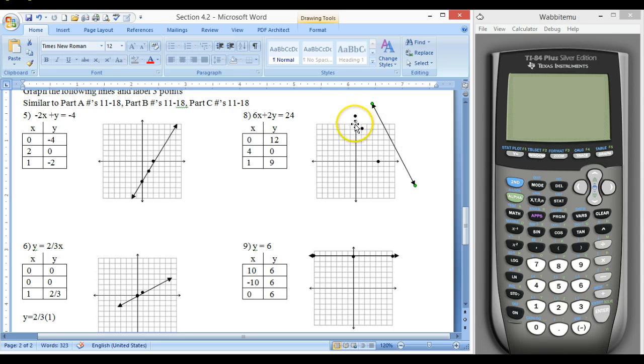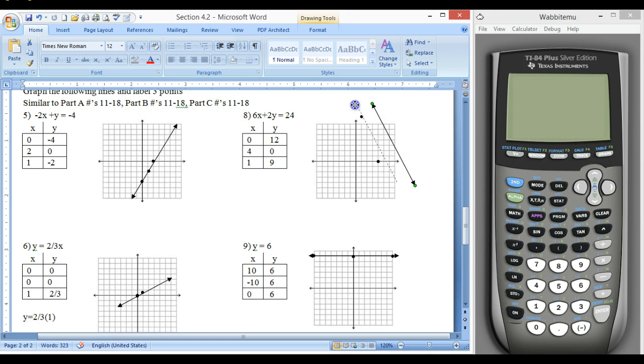So we're going to have to estimate. This is 1, 2, 3, 4, 5, 6, 7, 8, 9. So this point needs to move up to this spot. And this one needs to move up 3 more. 10, 11, 12. There we go.